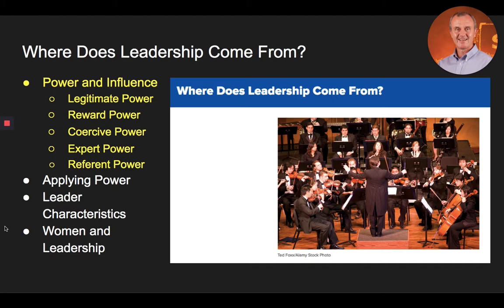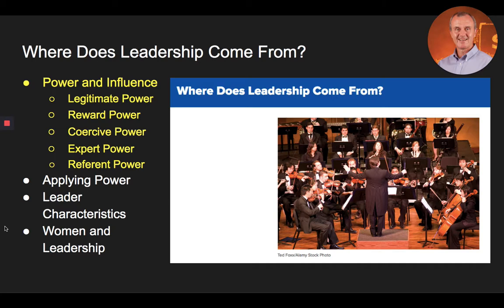Moreover, there are many different reasons why leadership can emerge outside of the organization's formal hierarchy. Those alternative sources of leadership can be attributed to two factors. First, there are several types of power that can be used to influence others beyond a formal leadership position. And secondly, there are certain personal characteristics associated with the emergence of leaders.